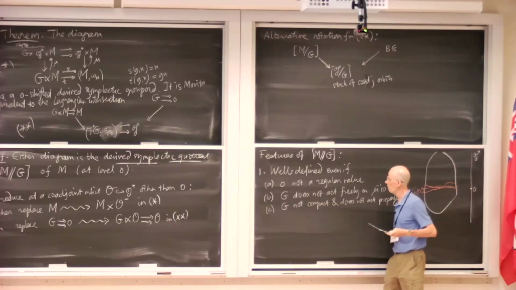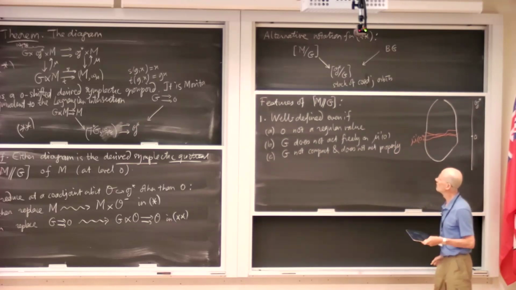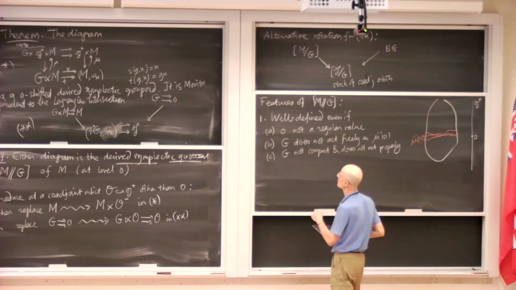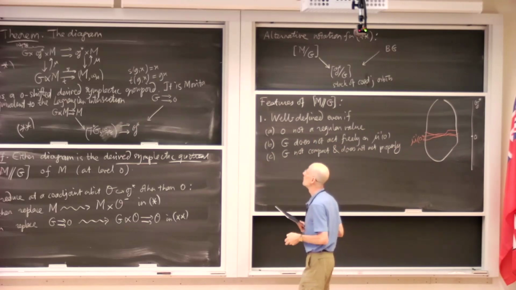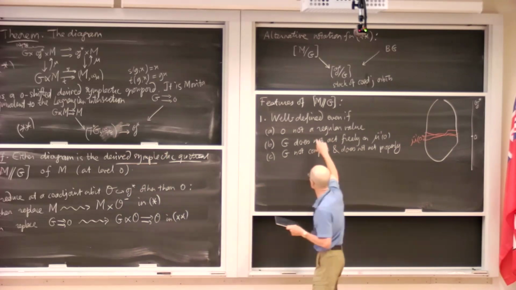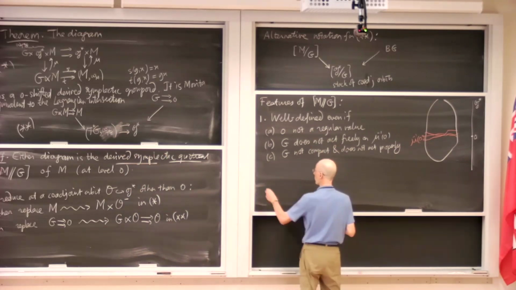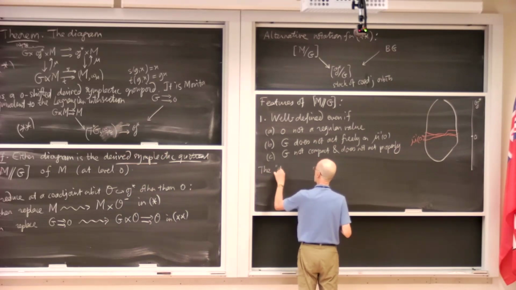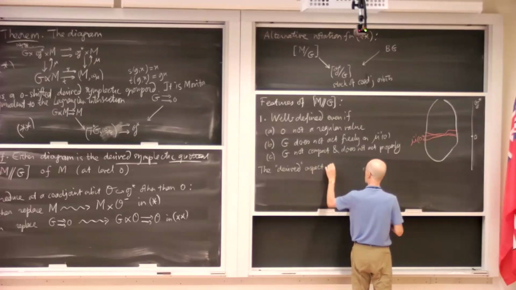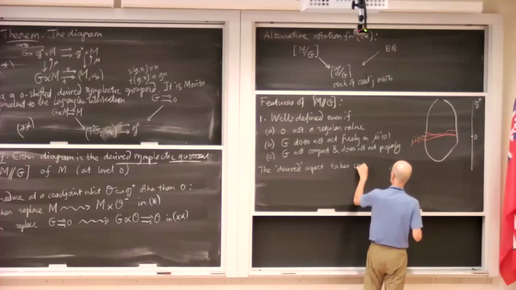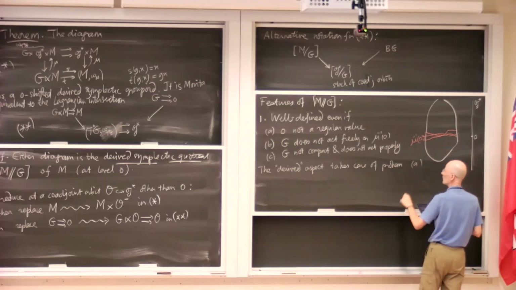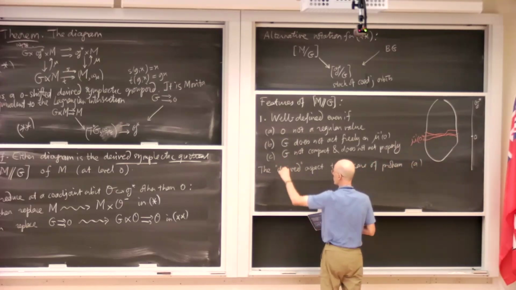So two different features take care of different problems. It's the derived aspect, which is that vector bundle groupoid with the section aspect, that takes care of the first problem, and the groupoid aspect that takes care of the other two.